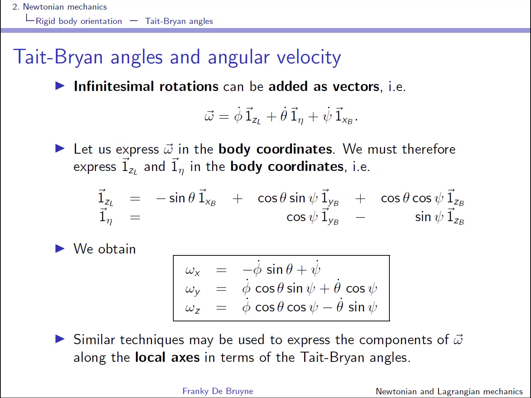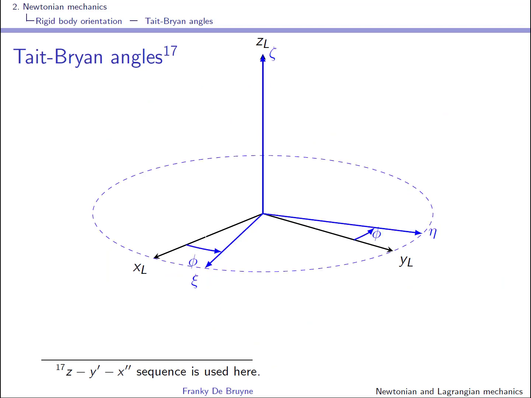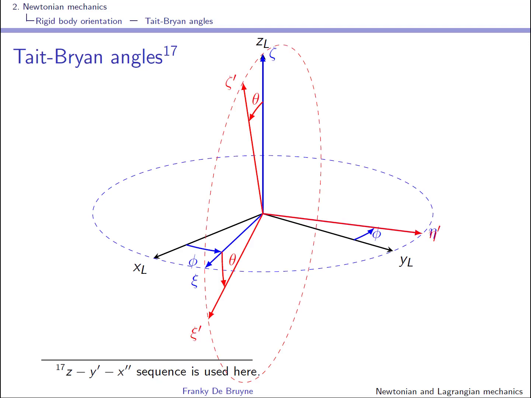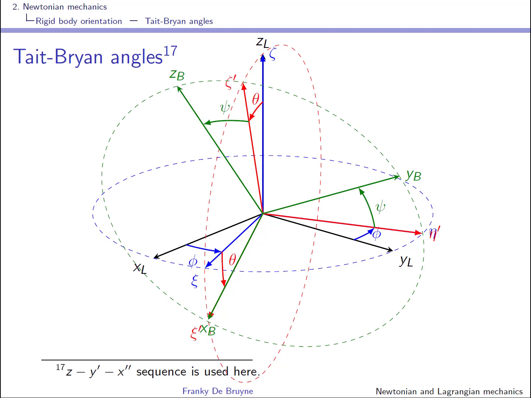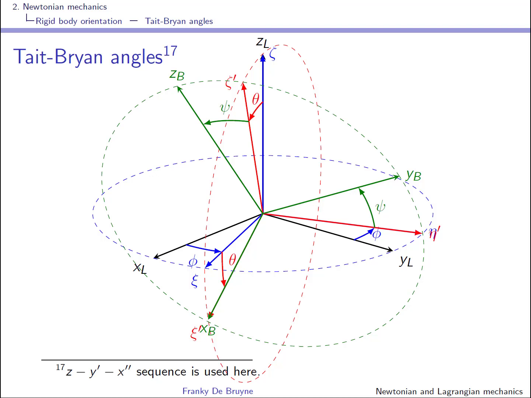So let's return to my animation here, and let's go forward. This is yaw, this is D, pitch, C matrix, and this is rho, this is the B matrix. So you see that to go from eta, which is the y-axis in the intermediate coordinate system, to yb, you need to do a rotation with the last matrix, which is the B matrix, right?